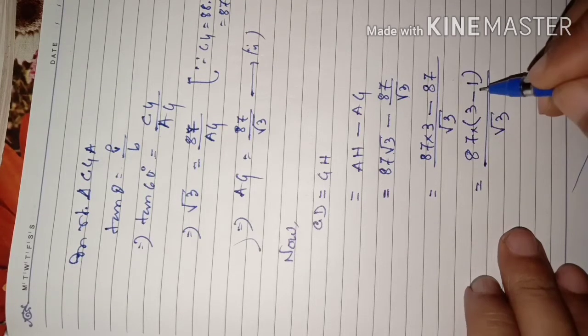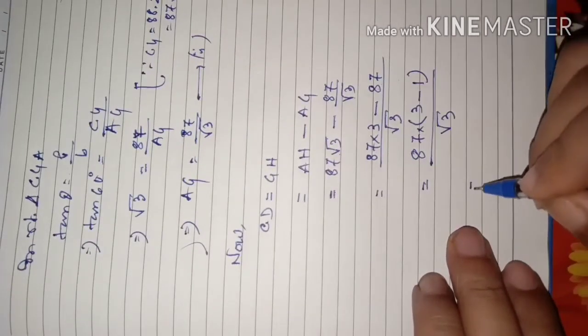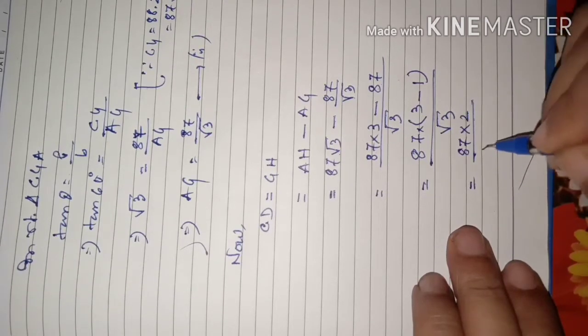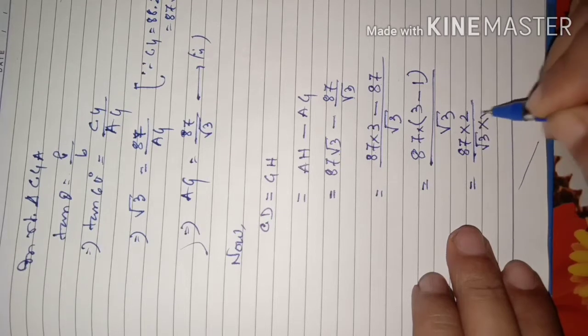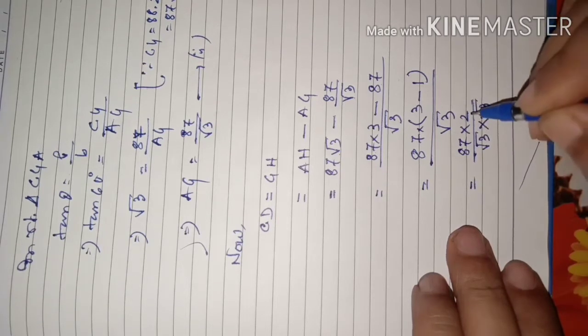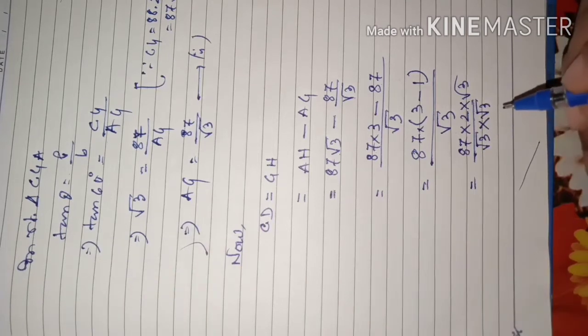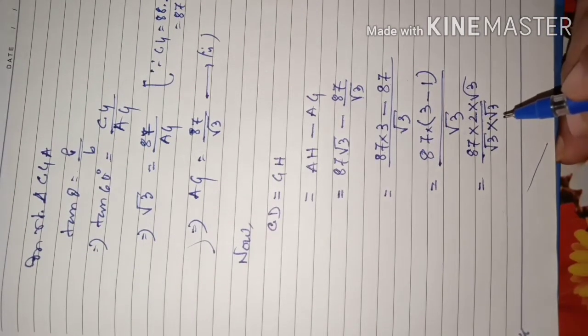Then it will be 2, so 87 into 2 by root 3. Let us rationalize. Multiply one more root 3 here; if you multiply here, you have to multiply a root 3 there. Root 3 into root 3 will be equal to 3.